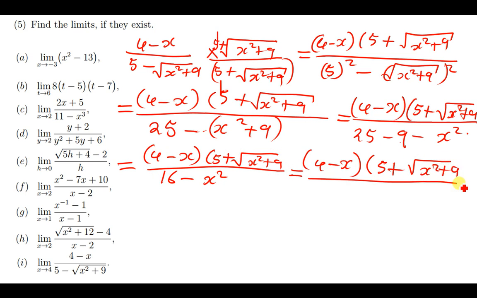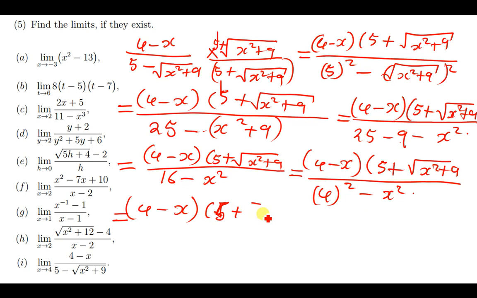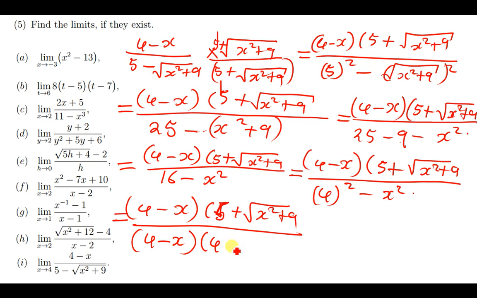Then everything divided by 16, which can be written as 4 squared, then minus x squared. So this denominator is the difference of two squares, which can also be written as 4 minus x times 4 plus x.